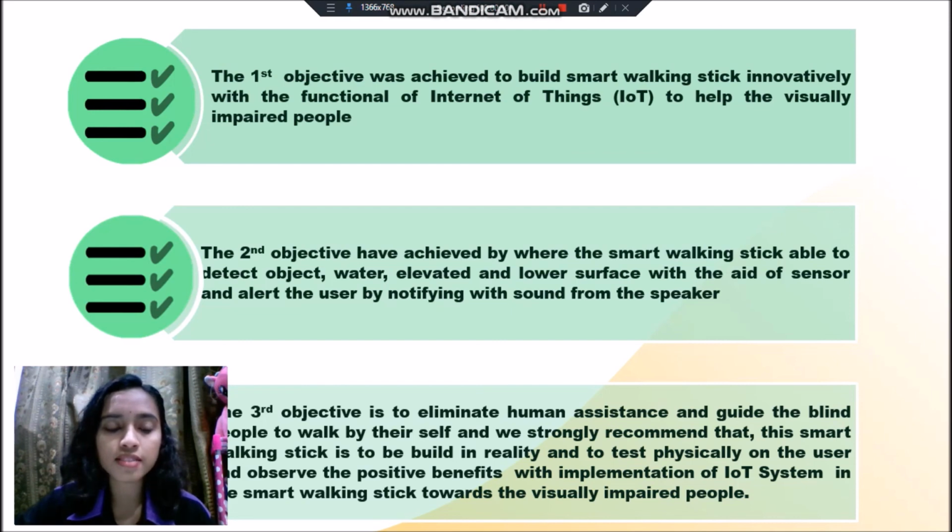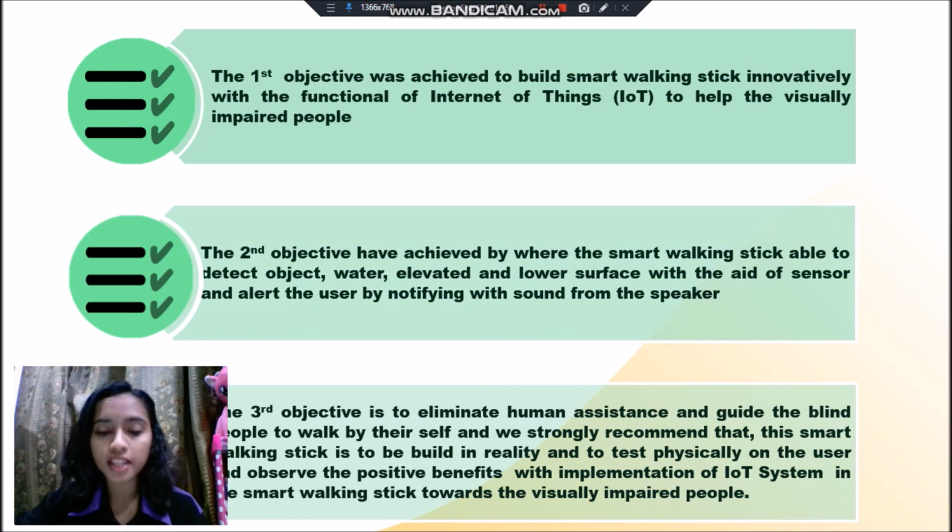And the last objective is to eliminate human assistance and guide blind people to walk by themselves. We strongly recommend that this smart walking stick be built in reality and tested physically on the user, to observe the positive benefit of implementing the IoT system in the smart walking stick for visually impaired people.